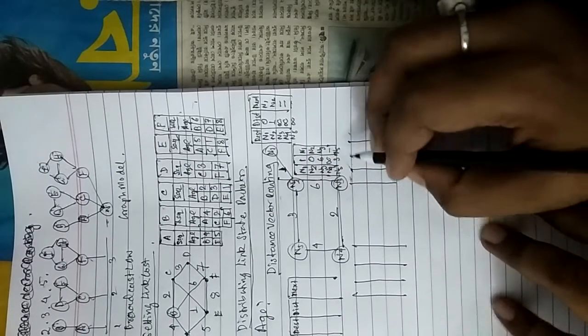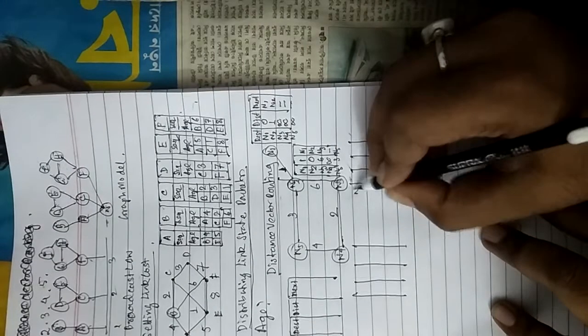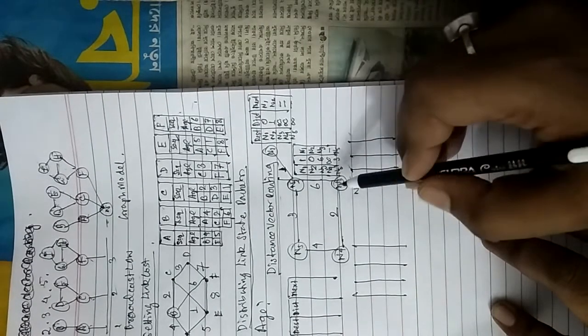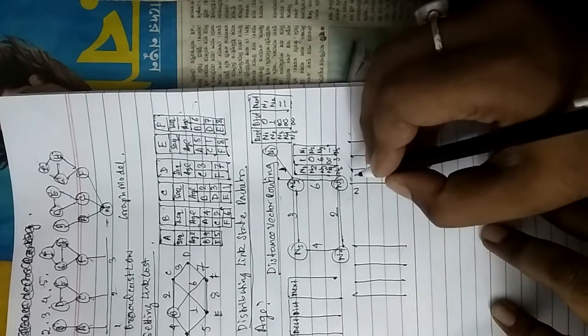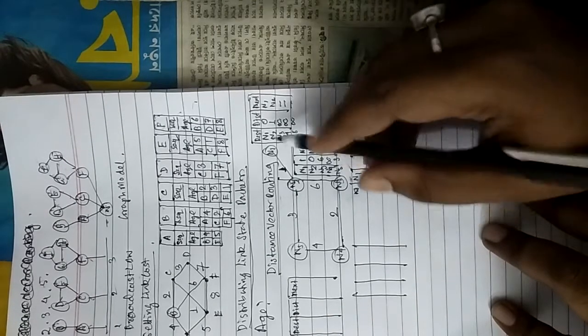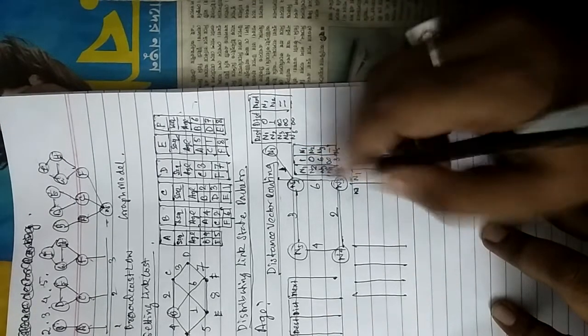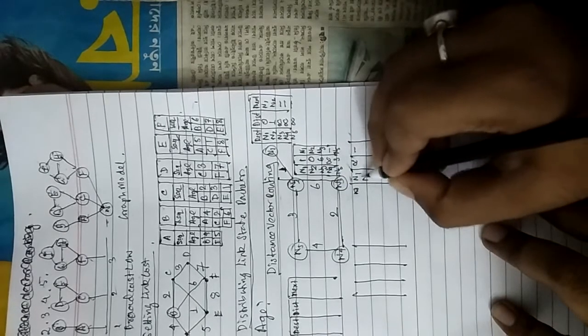Okay, now let us look at n3. In the first iteration, n3 has only information regarding n2 and n4. So if I want to go from n3 to n1, there is no direct path, so it is infinite.